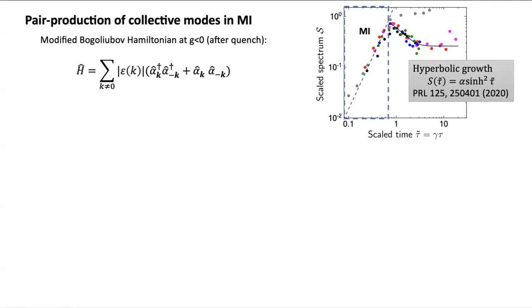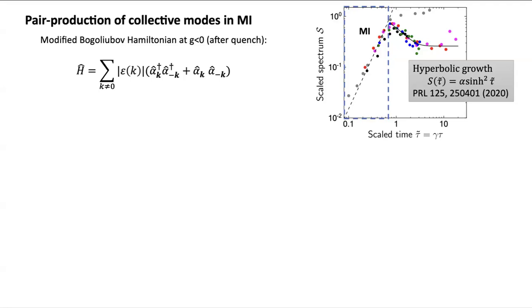And if you think microscopically about what's going on in this growing of density waves inside the gas, by performing Bogoliubov analysis, you can arrive at a pair production Hamiltonian, where epsilon k is the imaginary part of the energy spectrum, and A dagger is the creation operator of a collective excitation with momentum k and minus k.